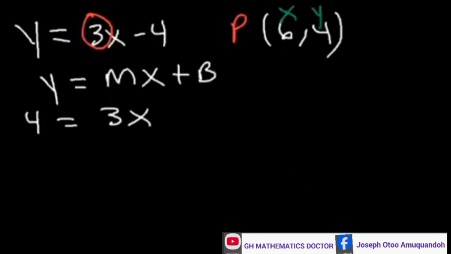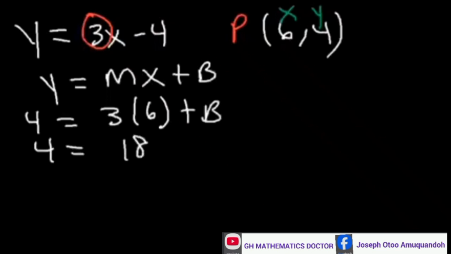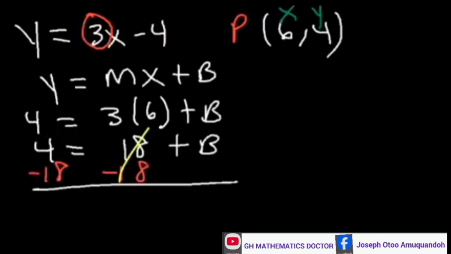So for you to get b, you need to substitute the point in the slope equation like this. And our b will be equal to negative 14.